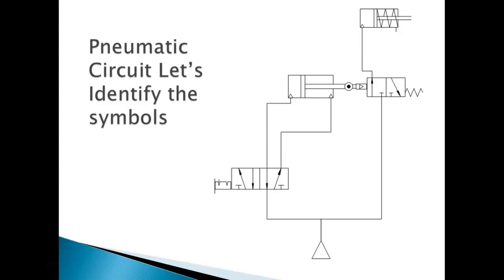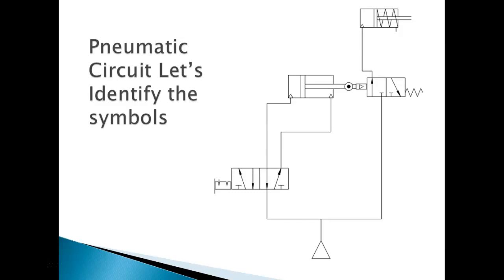All right, so this one is a pneumatic circuit. Let's start here down at the bottom. This is your air source. That is a common symbol for air source. Why? Because drawing the compressor and all that is kind of a pain in the rear. So we've been able to narrow it down to just air source.